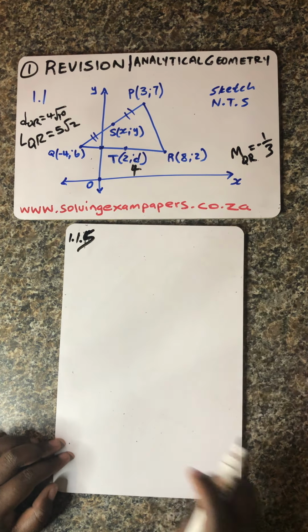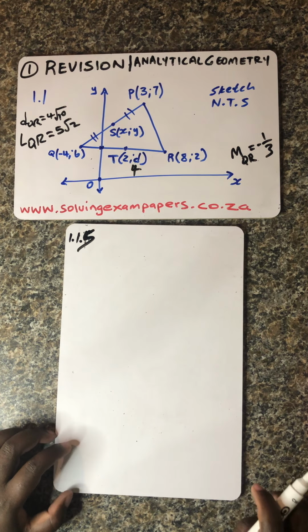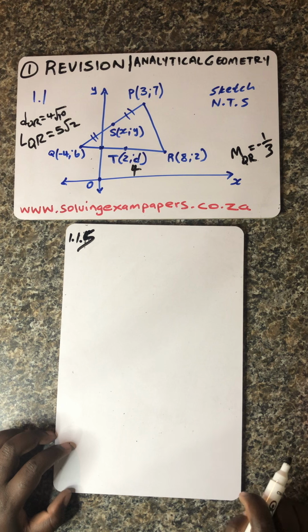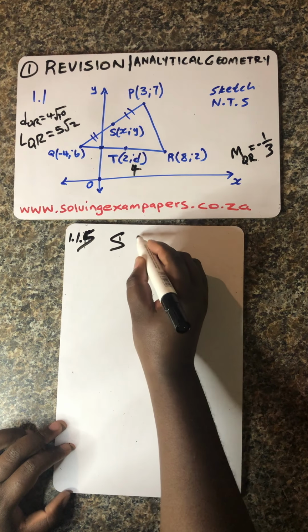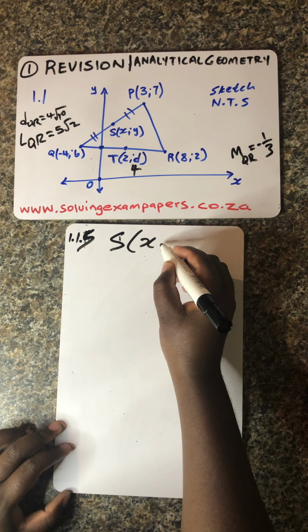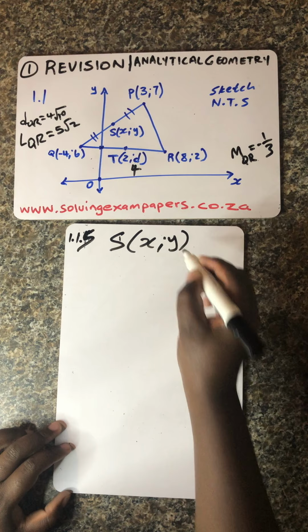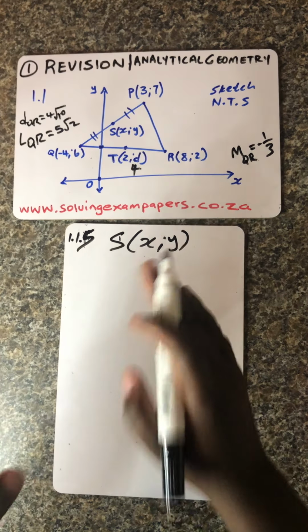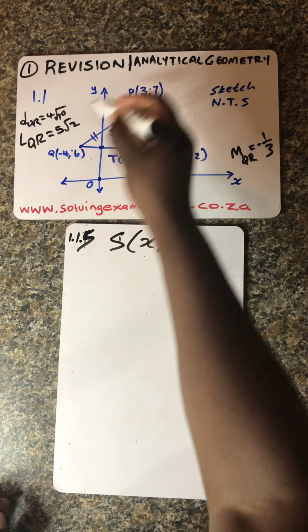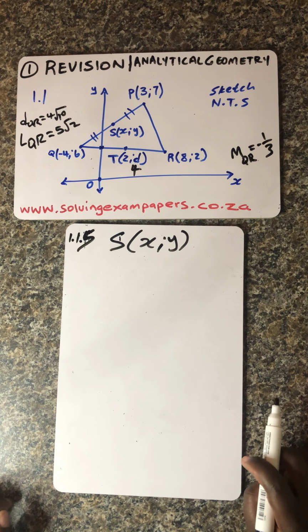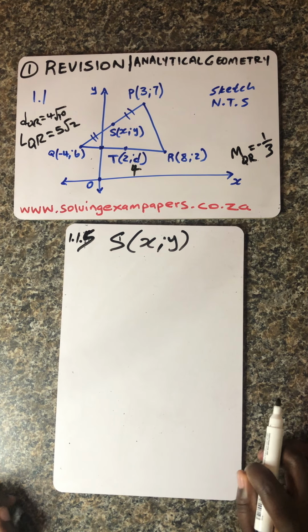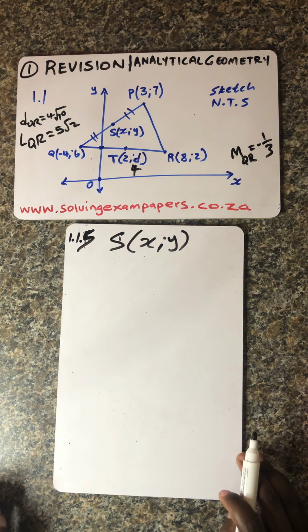Okay, so now, ladies and gentlemen, let's move to 1.1.5 where you might be requested to determine the coordinates of S. What do we know about the coordinates of S? We know already that S is the midpoint of Q and P. Do not get confused by the manner in which a question is asked.